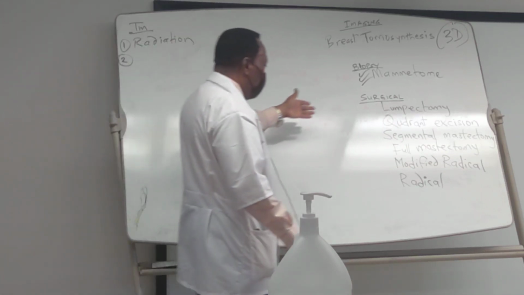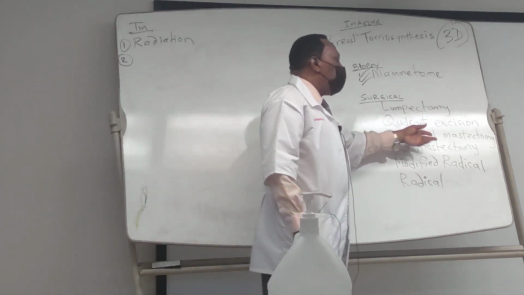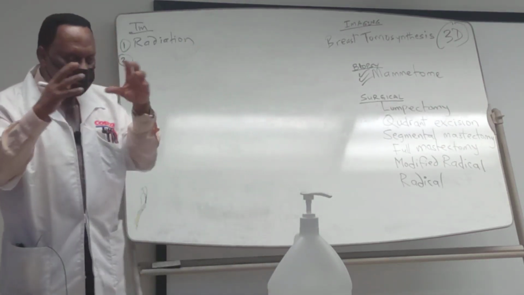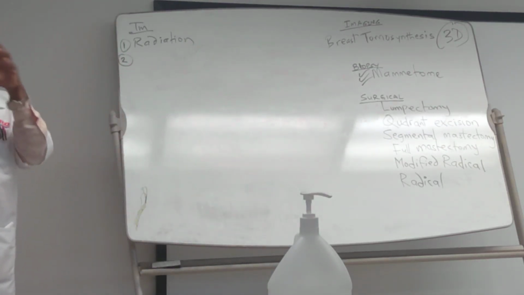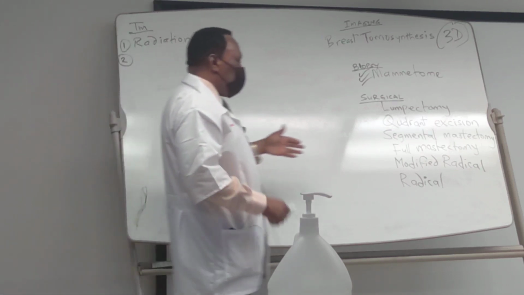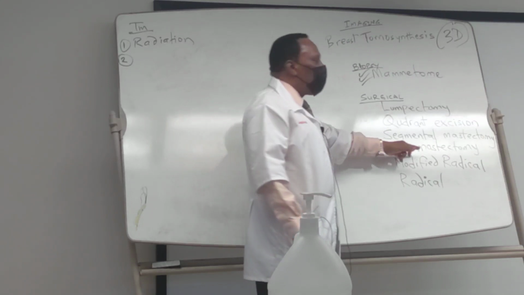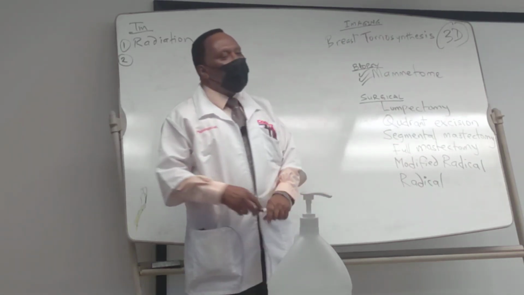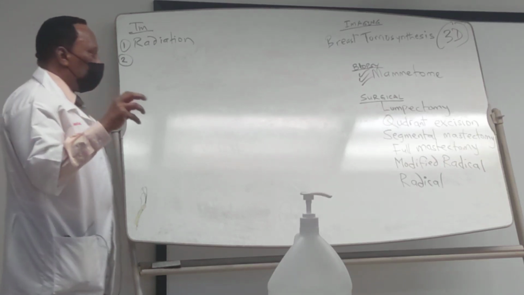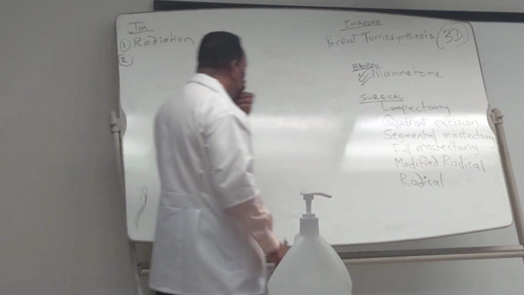That would be quadrant. Segmental mastectomy, you're taking off more than what you took off in quadrant excision. And then you can have a full mastectomy, where you just take out the entire breast. Okay, that would be full mastectomy.